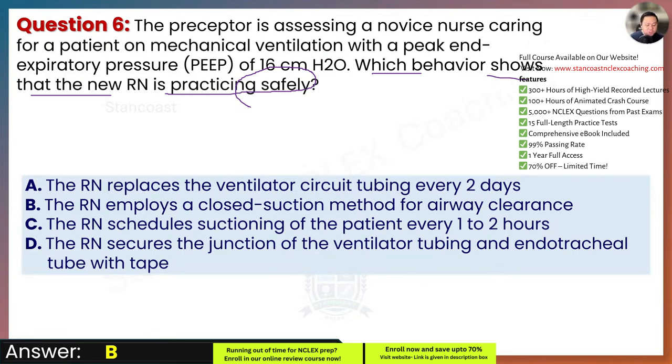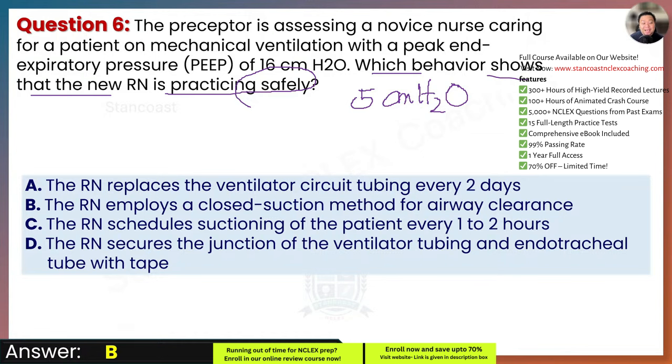Okay, so I want you to pay attention to this. Normal should be 5 cm water. So, if in this case we have a client that is now with 16 cm water, this is a possibility, and this simply means that our PEEP is already high.